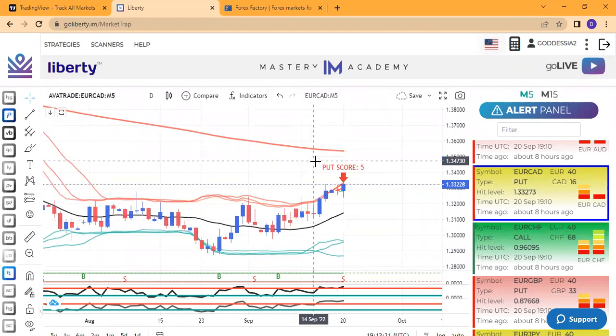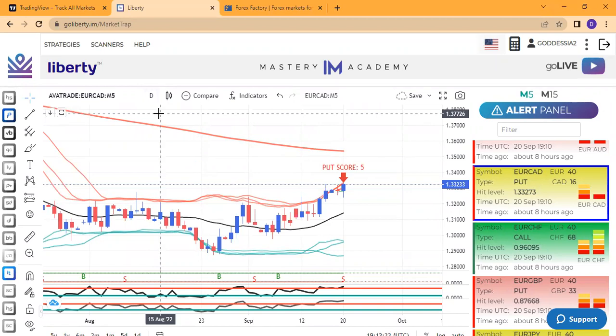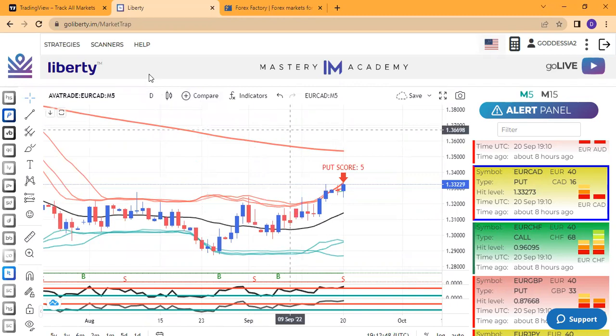So now we've checked 4 time frames, and out of the 4 time frames, 3 of the time frames are okay. So we have 3-1 that is okay. But if you have 2-2, you leave that pair. If you have 3-1, fine, you can trade it.